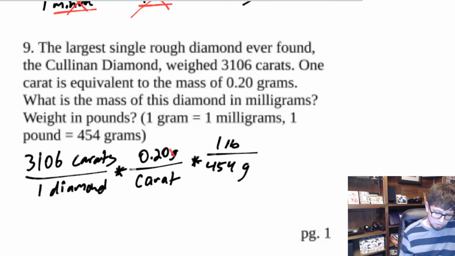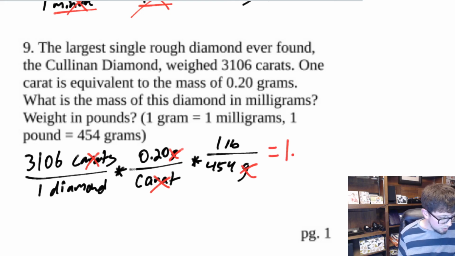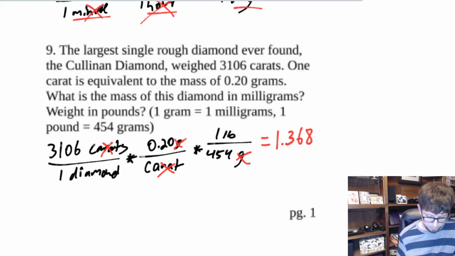And this way, grams cancel out, carats cancel out, and I can figure this out. So now I'm going to take 3,106, multiply that by 0.2, and then divide by 454. And the answer is 1.36828194 pounds. So if you can measure your diamond in pounds, you're doing good.